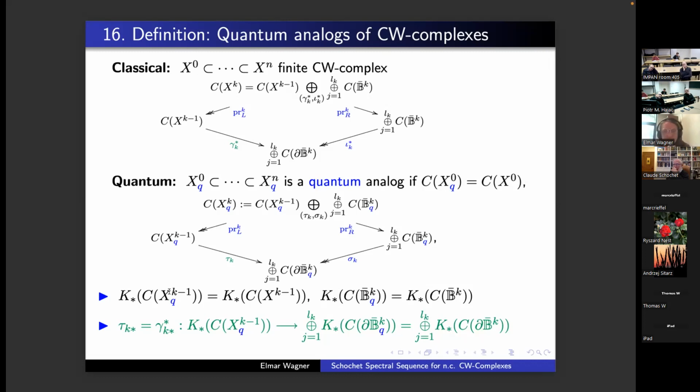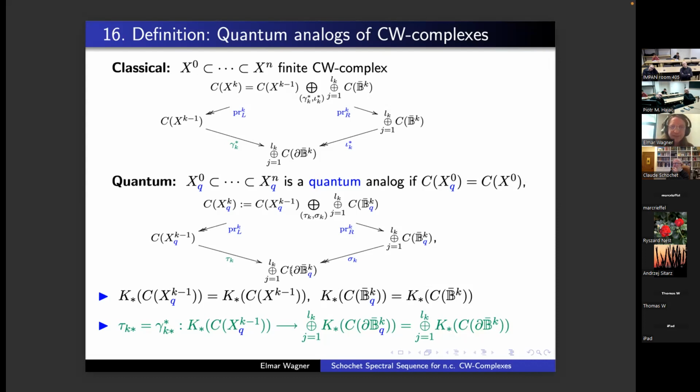My aim is to preserve K-theory. So I would like the K-theory of the deformed complex to be the same. Well, for the balls we did that; that was a requirement. Now, what does it mean to preserve K-theory? The K-theory of the spheres is very simple.